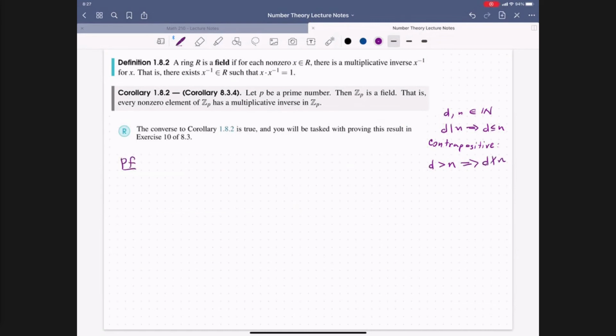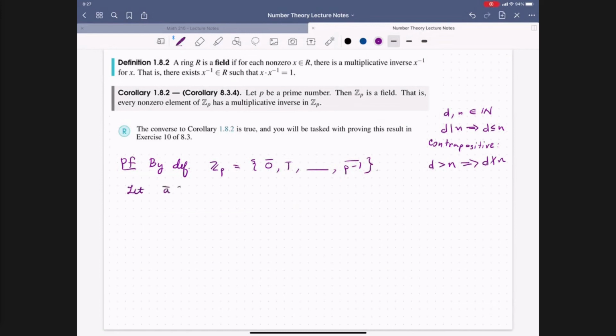So by definition, the integers modulo p is the set of congruence classes 0 bar, 1 bar all the way to p minus 1 bar. This is a complete set of representatives for the integers modulo p. Now let us go ahead and take an element a bar in the integers modulo p.